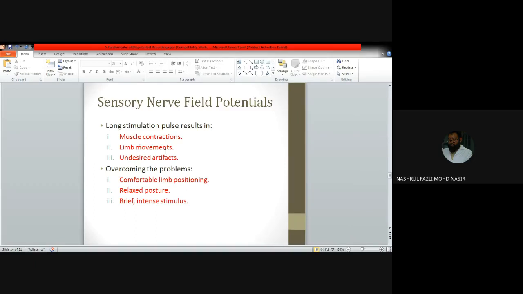The muscle may contract because you are stimulating it, and then you have limb movement. When you have limb movement, definitely your electrode will be affected, and then there will be undesired artifacts. So these are the problems.